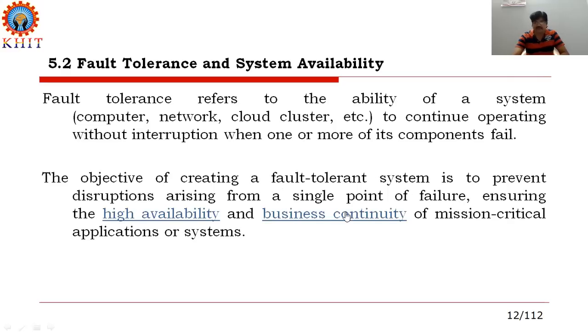The data may fail at any point. Fault tolerance ensures high availability and business continuity of mission critical applications or systems. Suppose, for example, we are planning to book a train ticket through the IRCTC website.